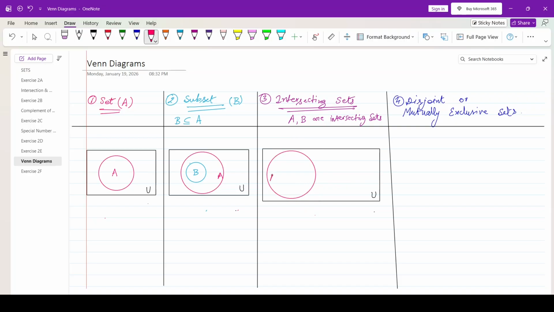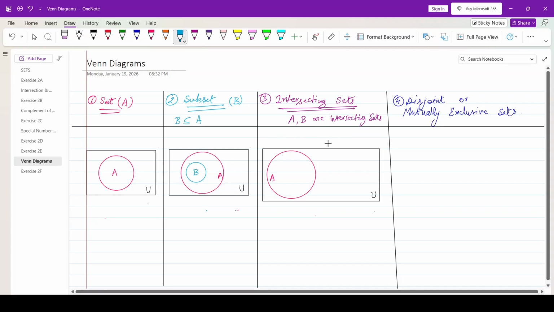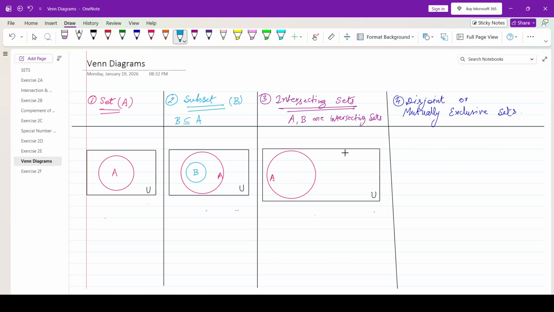This is A. And our B is also a part of this universal set but also intersects this A. This is B.